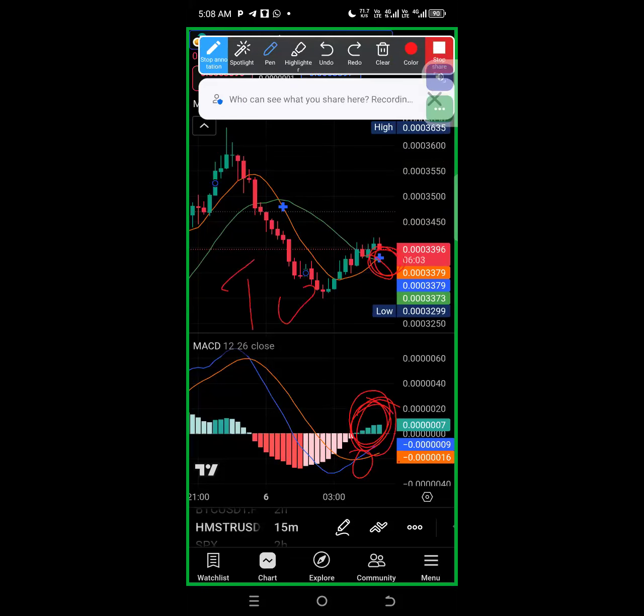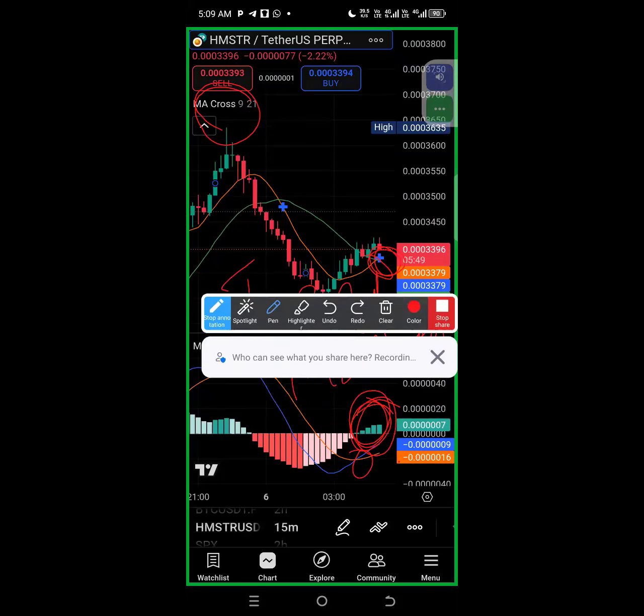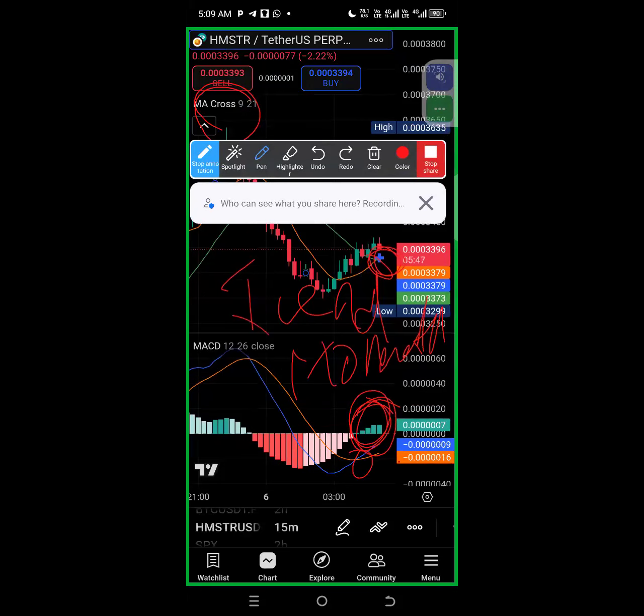Now, what we are saying is the moving average cross is giving us the trend, whereas the MACD is also giving us the trend and then the momentum.